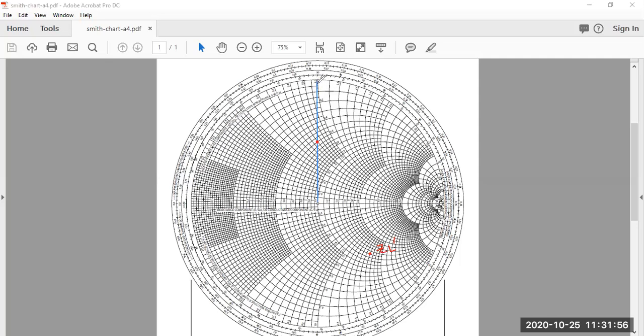As I'm not drawing an exact circle, the actual readings that you will get for this example may not be accurate, but once you understand this whole method, then with the help of a compass and scale, you will be able to solve it in the exact manner, okay?